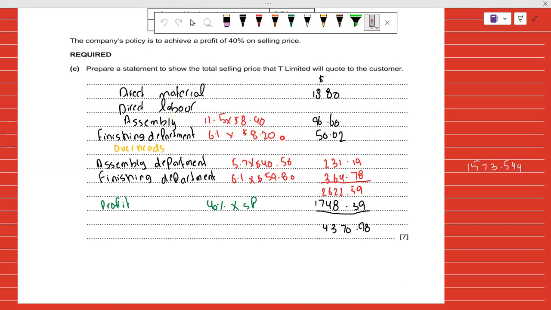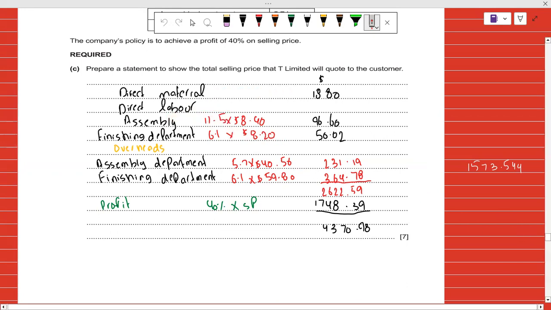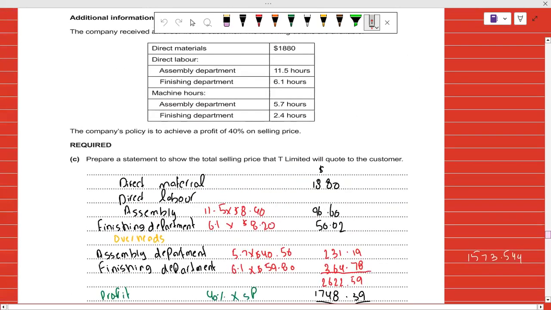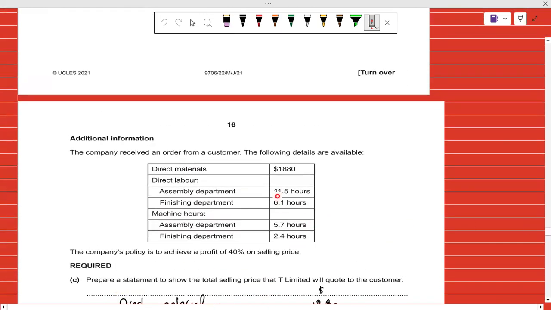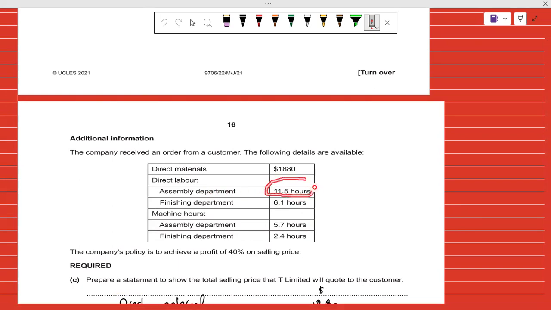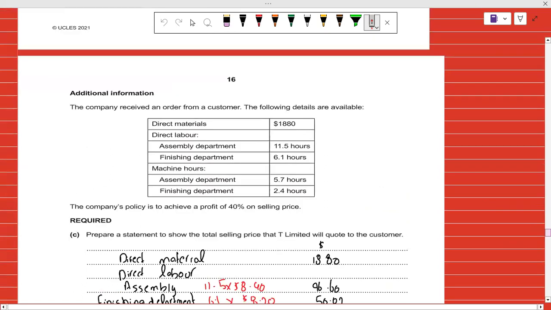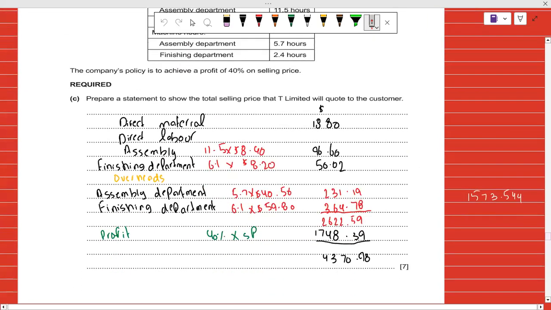So we have direct labors, and they are working in the assembly department for 11.5 hours. First of all, we have to know what is the wage rate, or you can say the per hour rate we are giving to the assembly department's labors and the finishing department's labors.